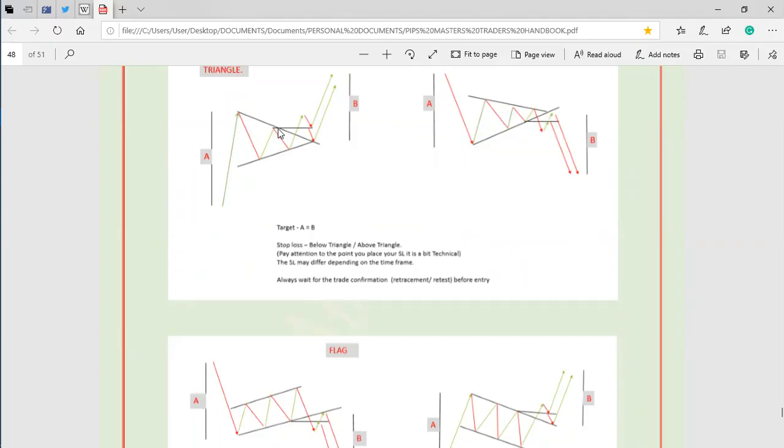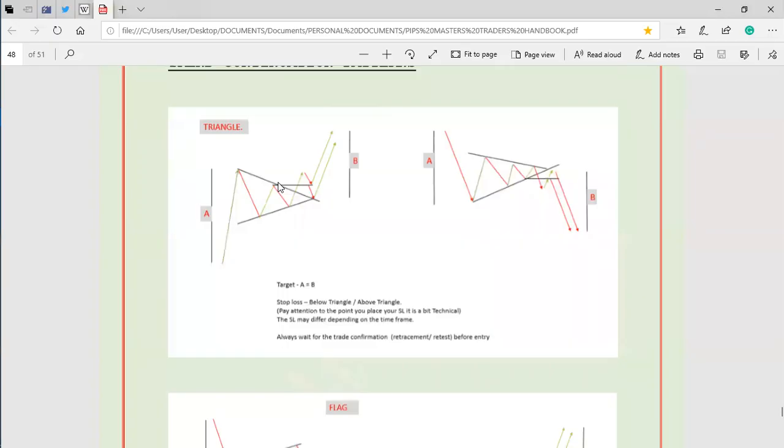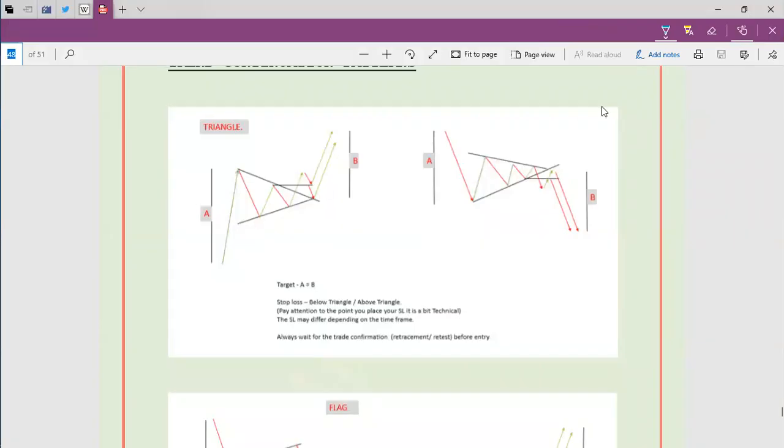Either the market can retest the previous support and resistance zone there, or it can retest the trend line you used to draw that formation. Or it can retest somewhere around here. Let me just try this.